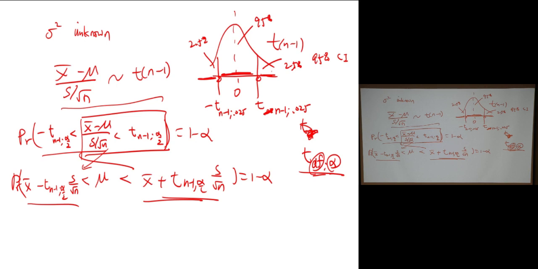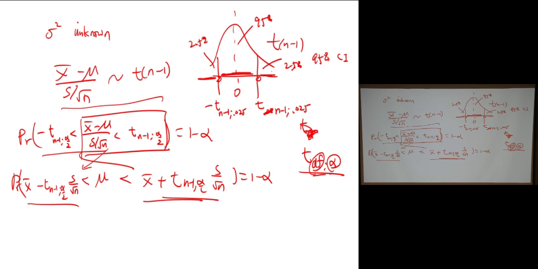This comes from the sample, where the population is normal. So you need the normality assumption. This result needs normal assumptions.